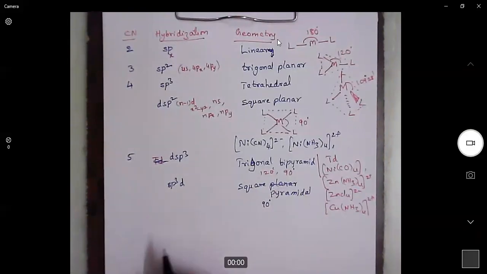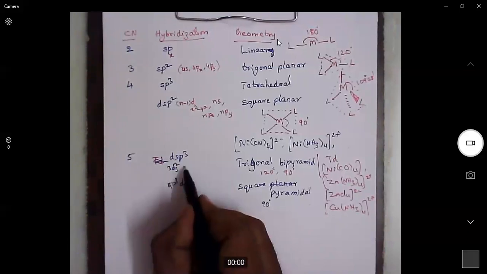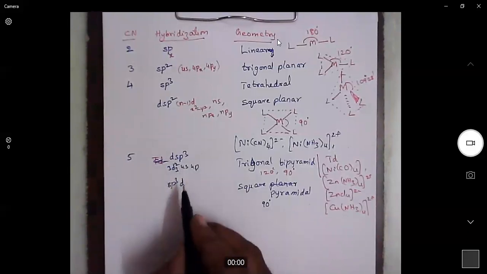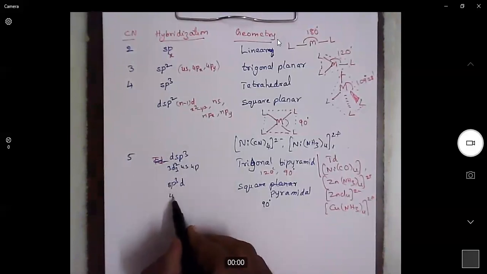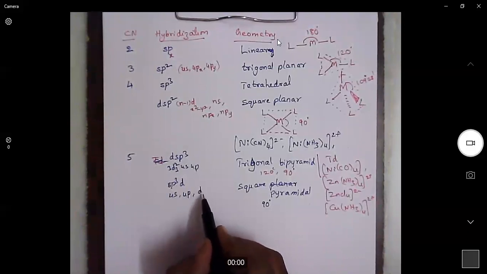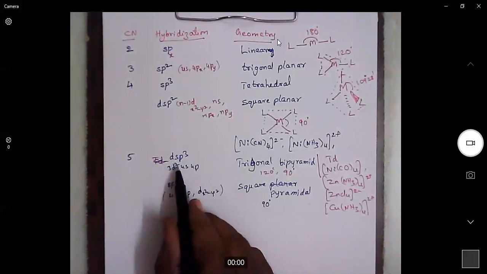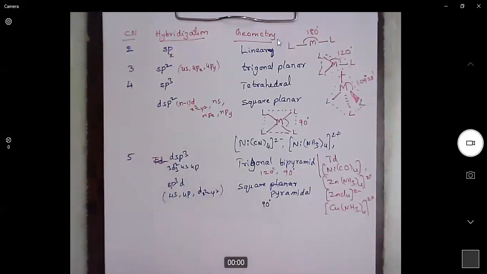Here also, dsp3 hybridization uses dz square orbital, then the 4s orbital and 4p orbitals. For sp3d hybridization, it uses the s orbital, all p orbitals, and the dx square y square orbital. That is the difference. Here it is using dz square orbital, here it is using dx square y square orbital.